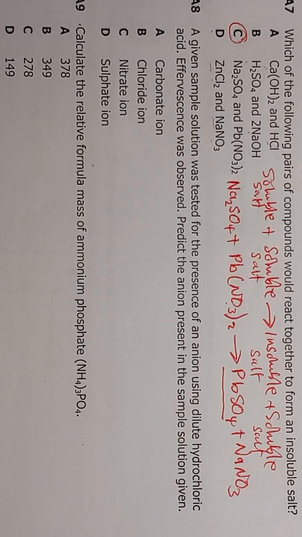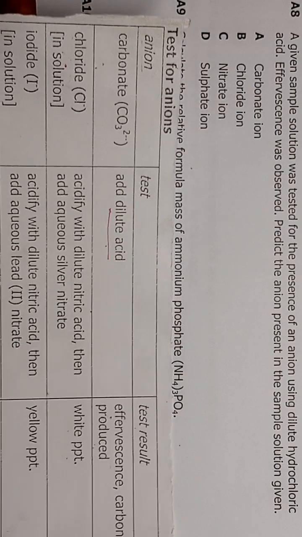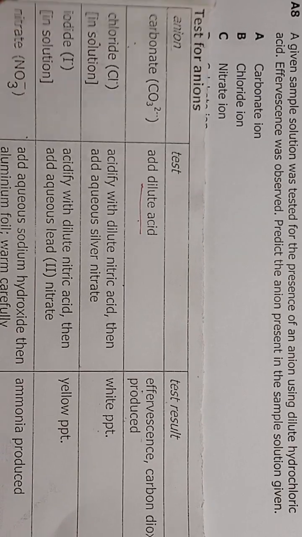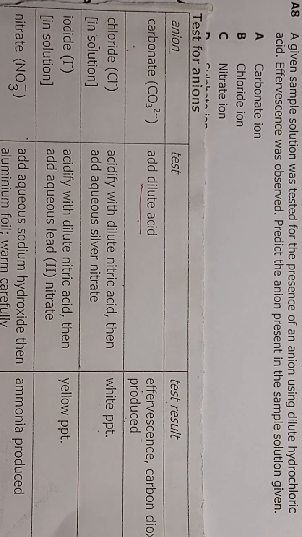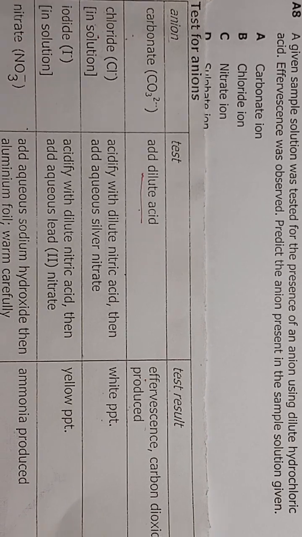For you to answer this question correctly, you need to be acquainted with the qualitative analysis sheet. So this is the qualitative analysis sheet. Test for anions. We have the first one, carbonate.